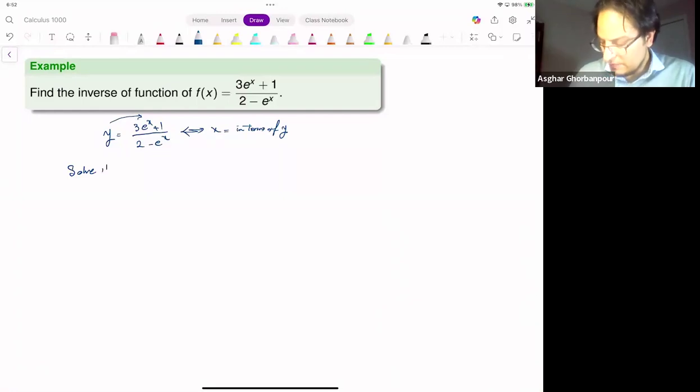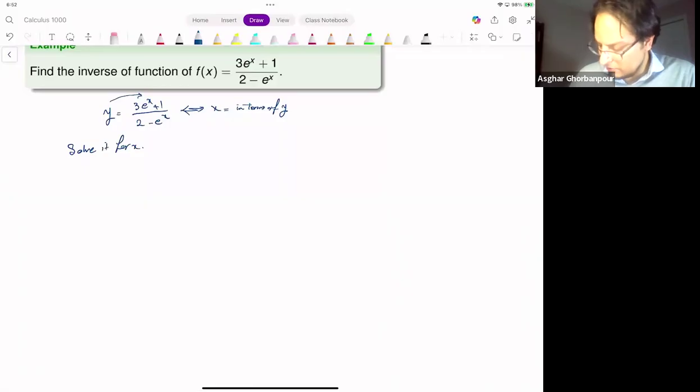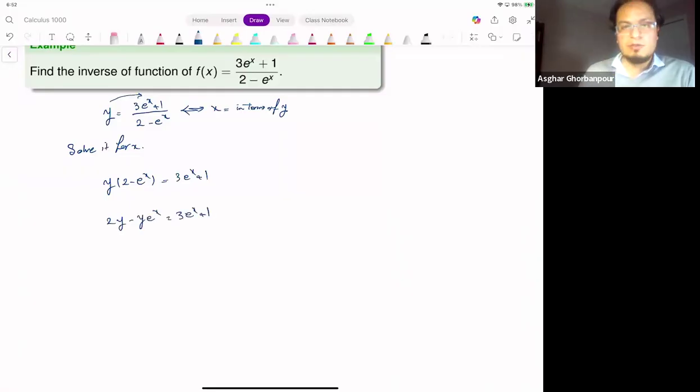Solve it for x. So we do y times 2 minus e to the power x equal to 3e to the power x plus 1. Then 2y minus y e to the power x is equal to 3e to the power x plus 1. What I'm trying to do here is collect all the terms which have x on one side and then isolate.